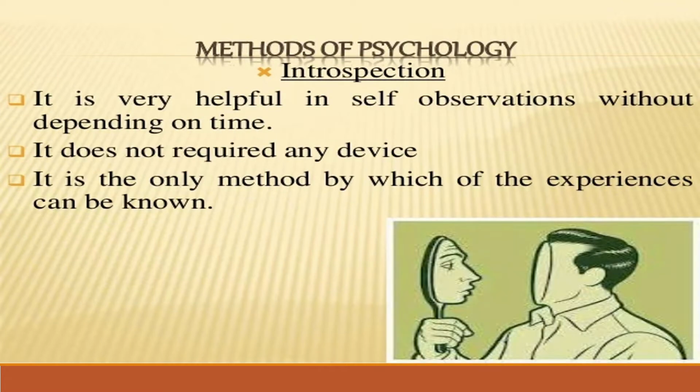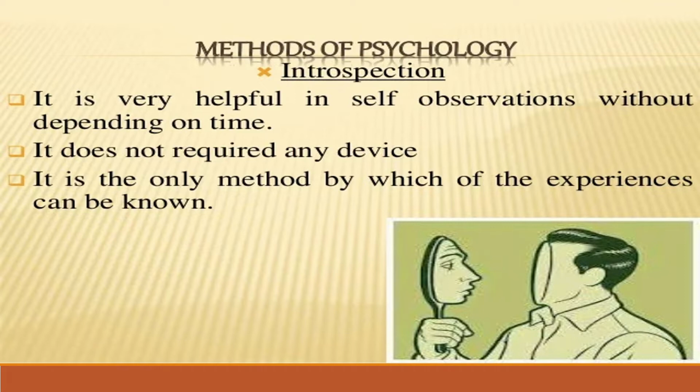Next, introspection is very helpful in self-observation without depending on time, and it does not require any device. It is the only method by which experience can be known. How do we find out if we are feeling unhealthy, if we are having any negative attitude, and why we are having that?